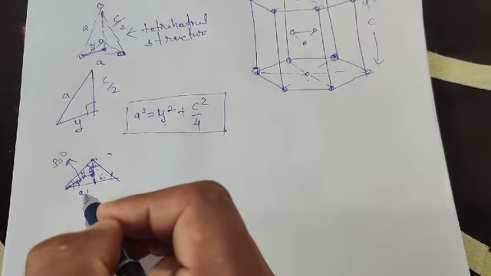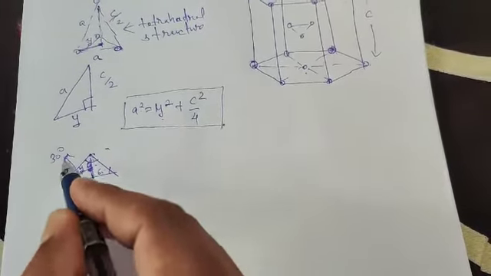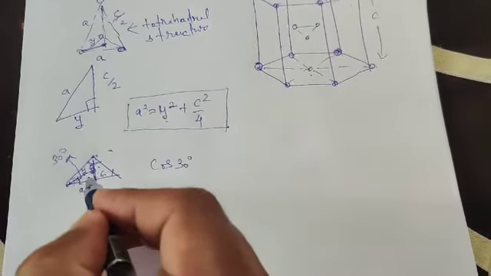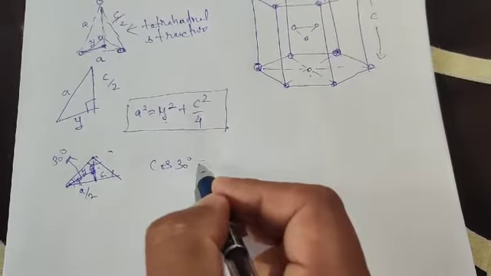We have to find Y. This is A by 2, this is 30 degree, so cos 30 degree will be base upon hypotenuse.